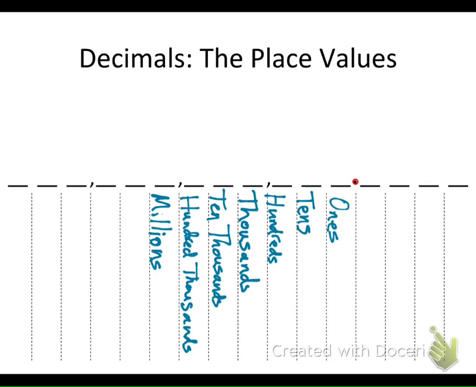If we're following this pattern where we've got ones, tens, hundreds, ones, tens, hundreds. What goes right here? 10 millions. Yeah, 10 millions.